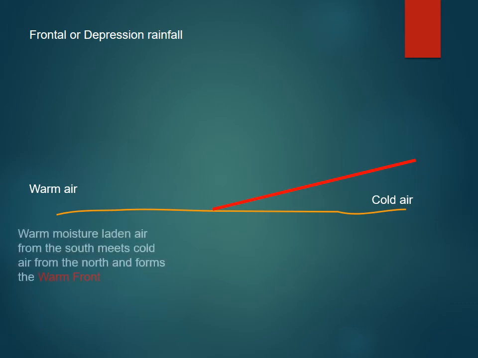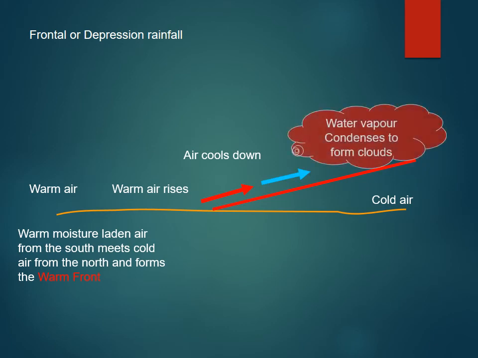Let us see. So warm air, when it meets the cold air, what happens at the warm front? Yes, warm air rises because it is lighter, it rises, goes up, and cold air descends because it is dense and heavy.